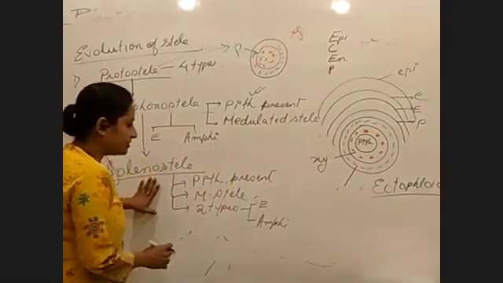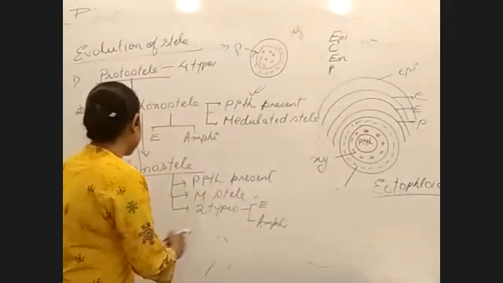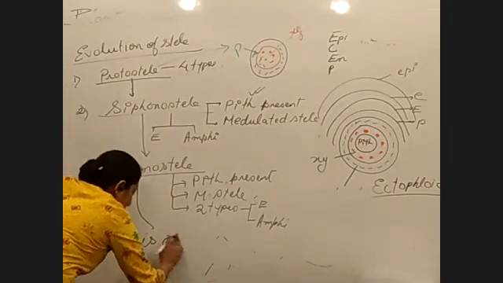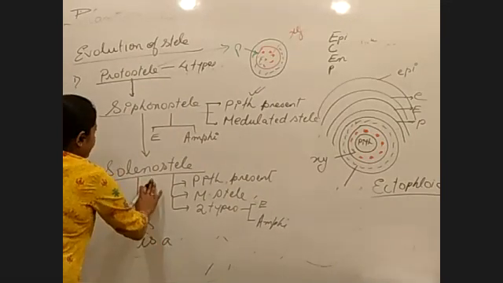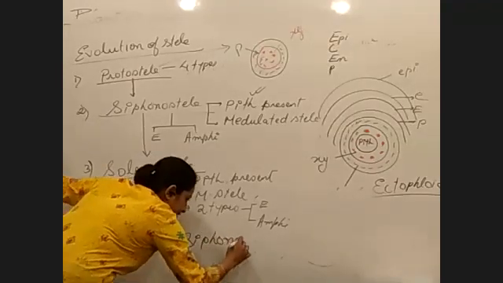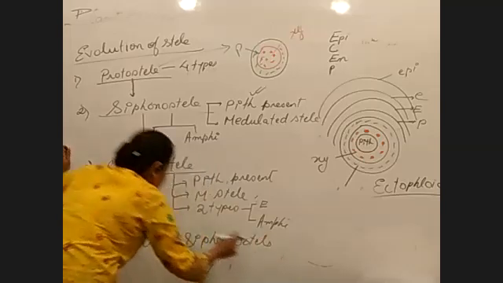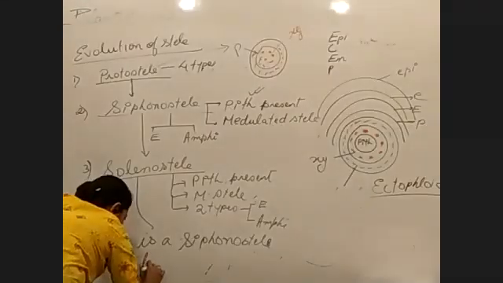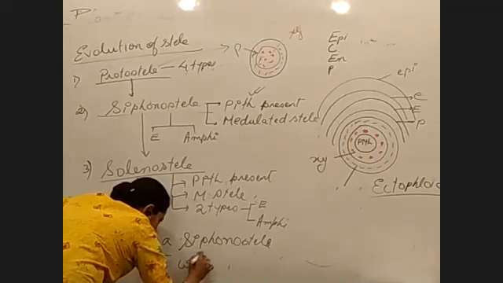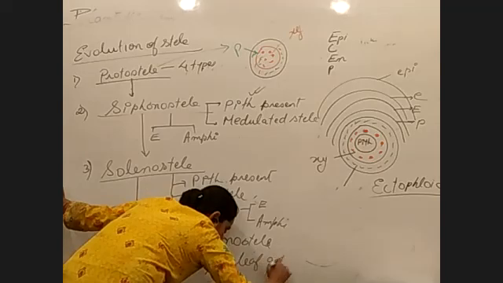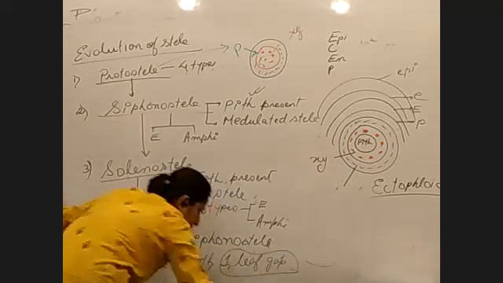What is the definition of solenostely? Solenostely is a siphonostely with one leaf gap.